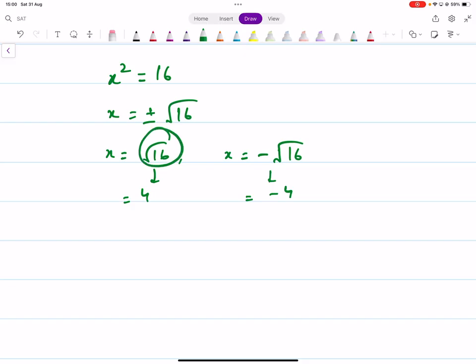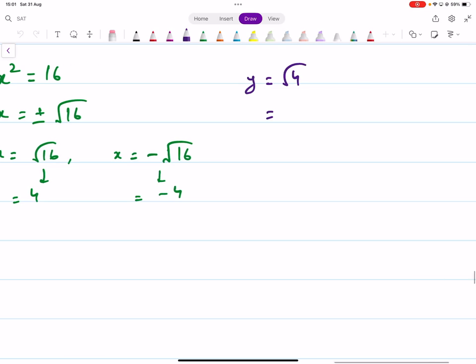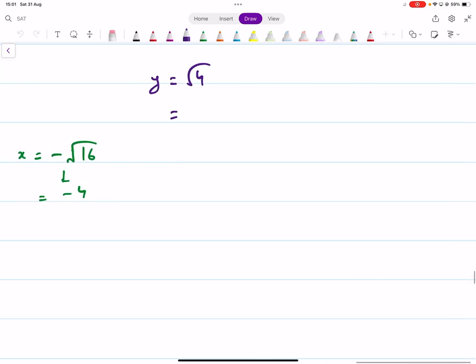Under root 16 is not plus minus 4. Plus minus is outside the under root here. If you already have a square root written somewhere, for example, if you have y equal to under root 4, what's that equal to? This is just 2.